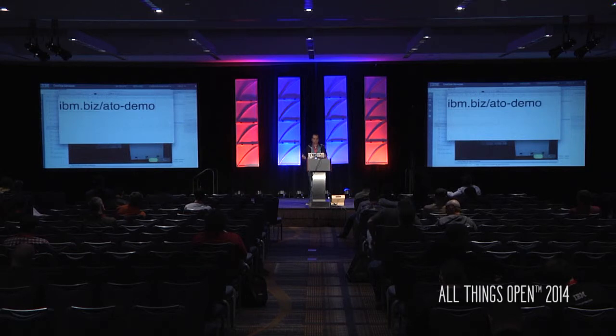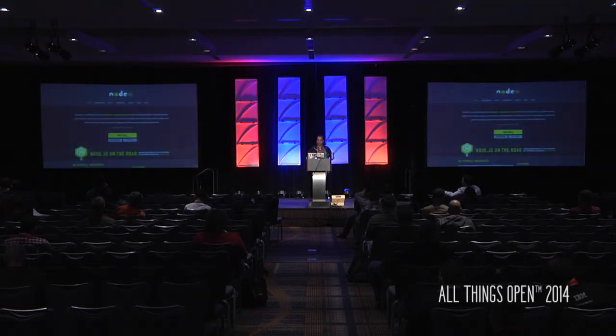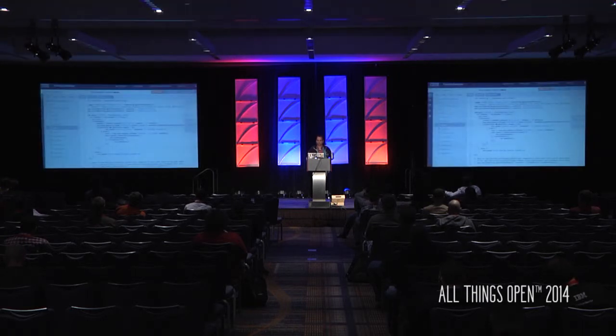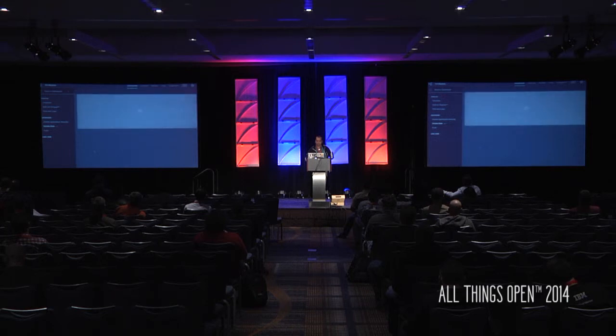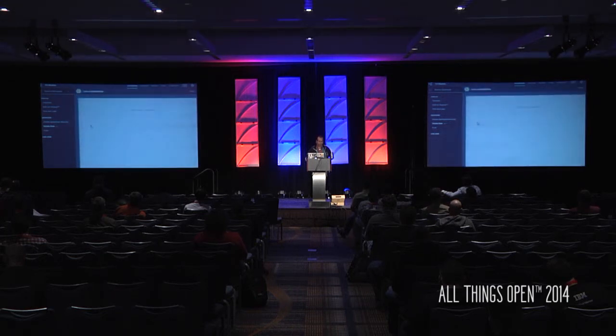The prompt box will ask you for your Twitter handle. It will do a REST API call to this Node.js that I'm running here. And then the Node.js code will put your Twitter handle into the mobile data backend. And it should show up here.